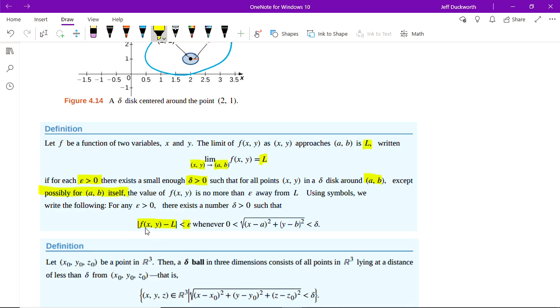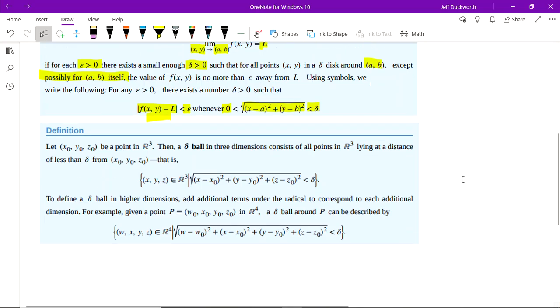So as long as the distance between the function and that value L gets very, very small whenever the distance between those 2 points is smaller than delta, but strictly greater than 0. It has to be something, all right? And again, you're talking about infinitesimal things.